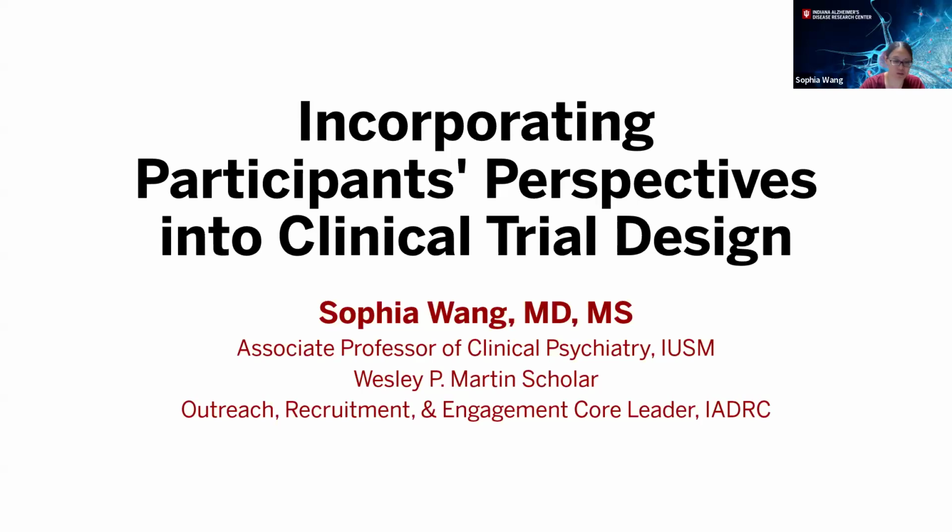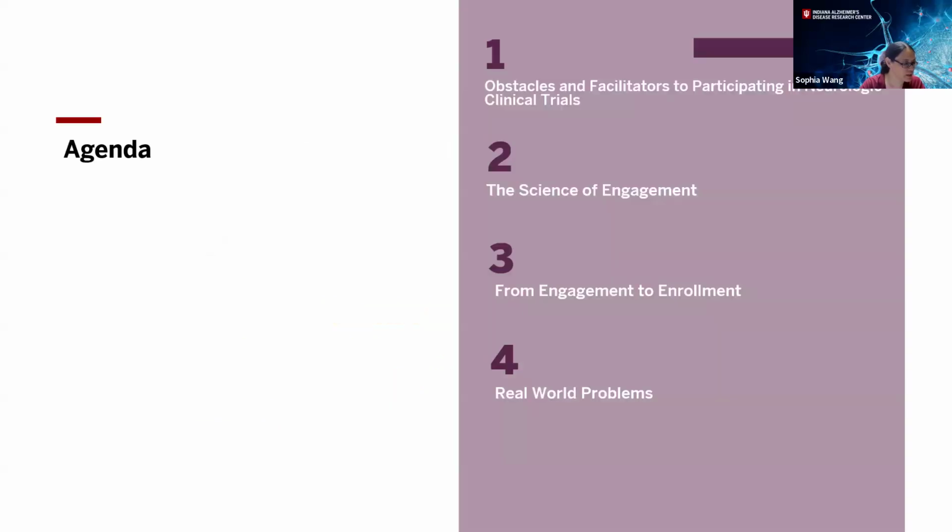I do hope this will be a little bit more interactive. I don't want you to feel like you have to sit there and listen. Please feel free to hop in at any time. I want this to be as interactive as possible. We're going to begin with a key question of obstacles and facilitators, and then begin to understand the science of engagement, which a lot of people just view as touchy-feely, an intuitive process.